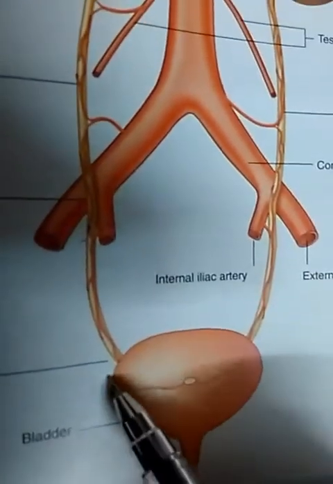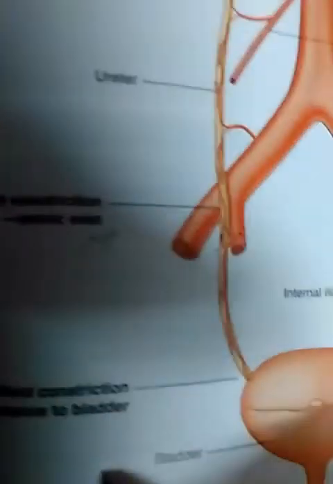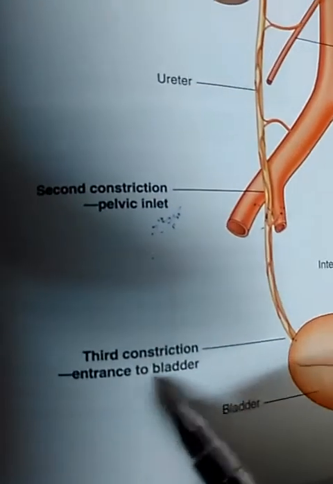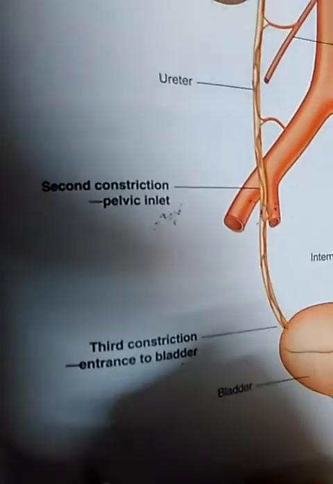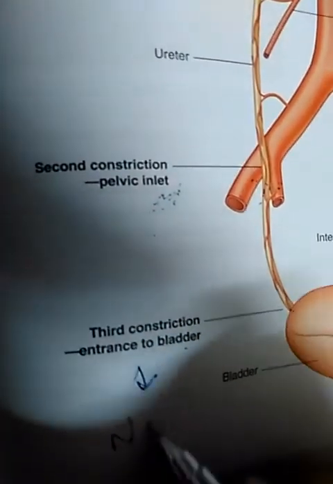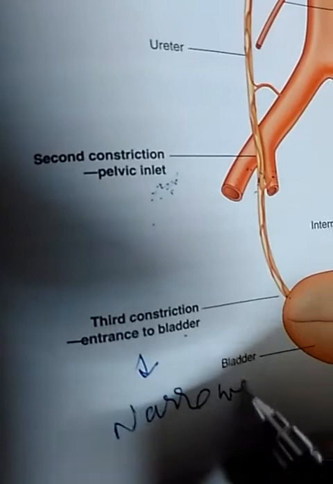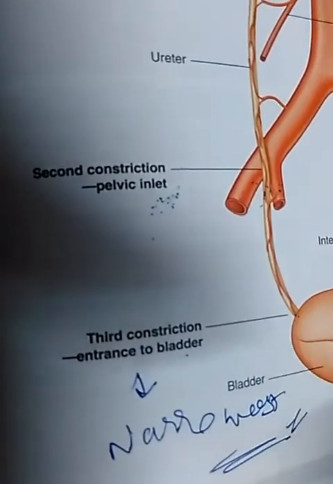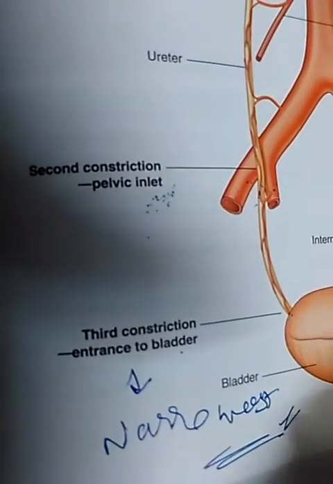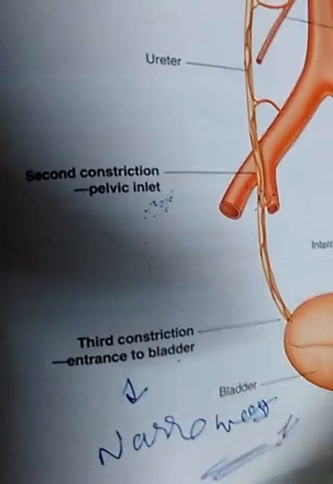This is the bladder. This third constriction, at the vesicoureteric junction, is the narrowest, and therefore it is the most common site for obstruction of stone, or you can say simply the most common site of obstruction.